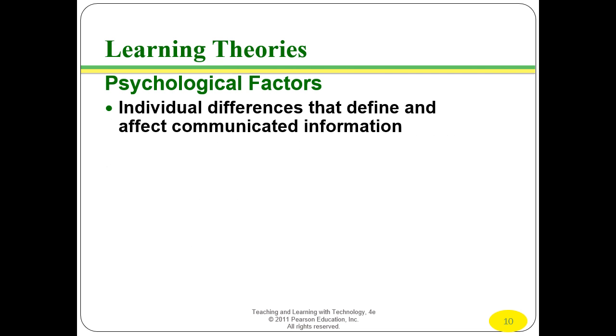What about some psychological factors? There's some individual differences that define and affect communication information. Different people process information differently. I mean, how many parents have lined their kids up and told them, this is what I want you to know, and not all of them get it.